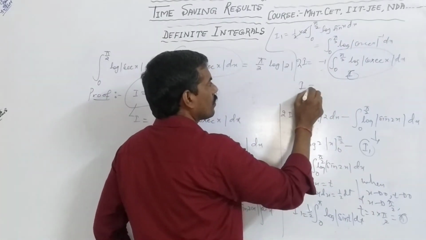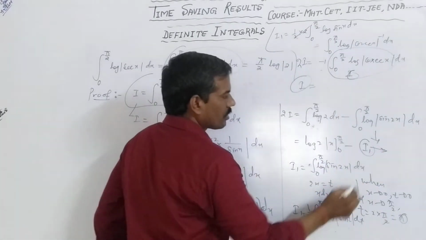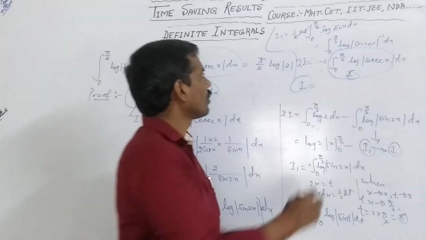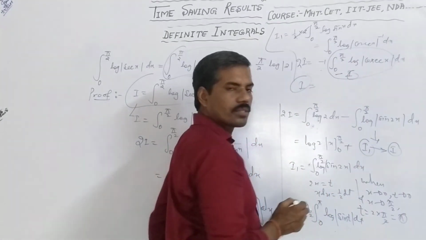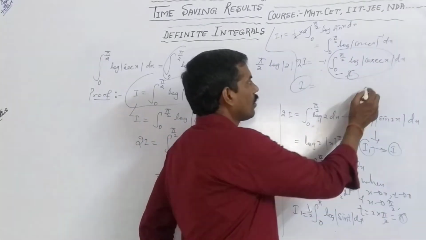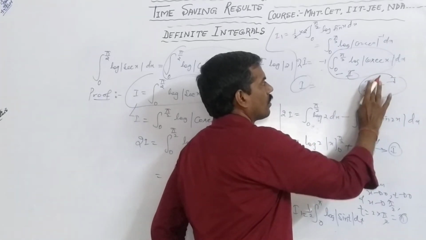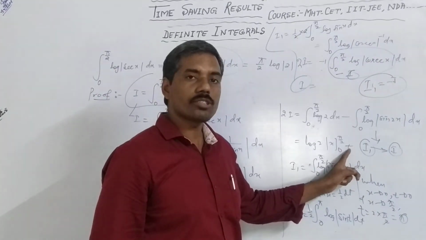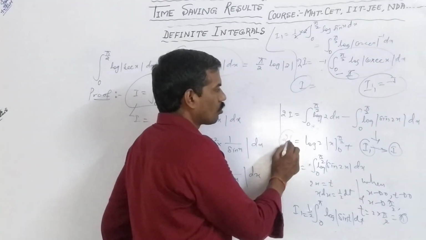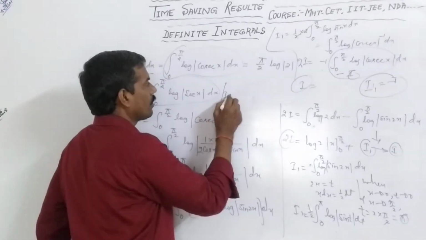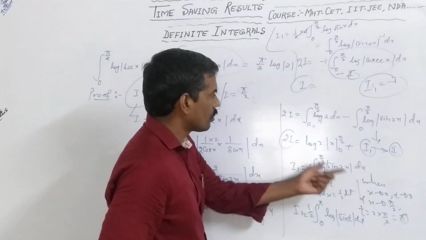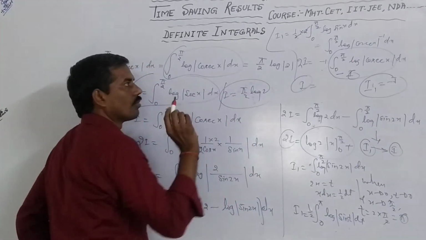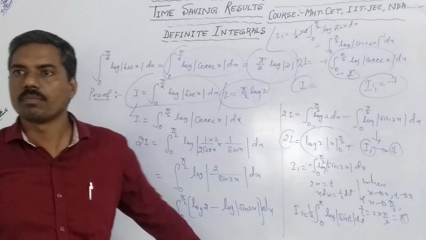So I1 is equal to minus I. Minus into minus is plus, so here we get 2I minus I, which is equal to I. So I is equal to pi by 2 into log of 2, so this one is our result. Okay students, please make a note.